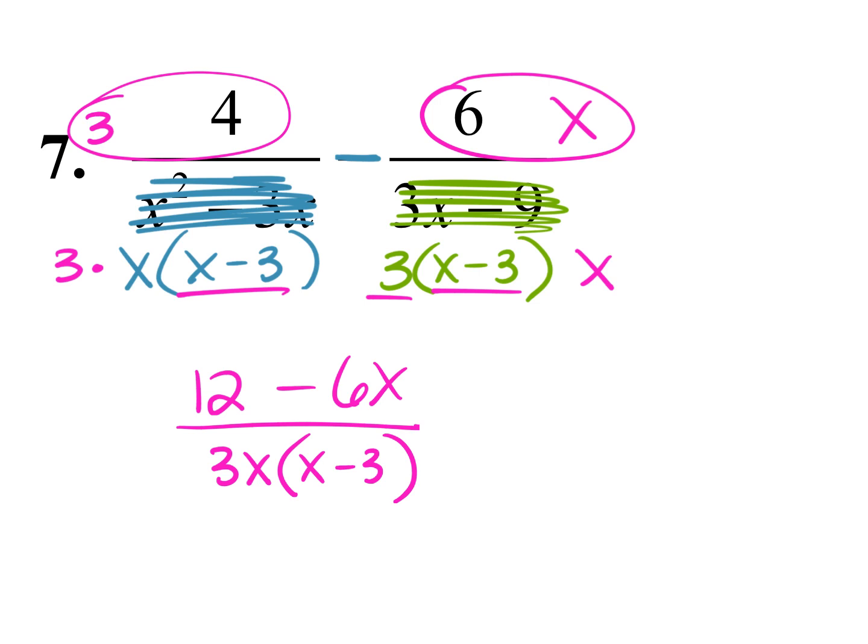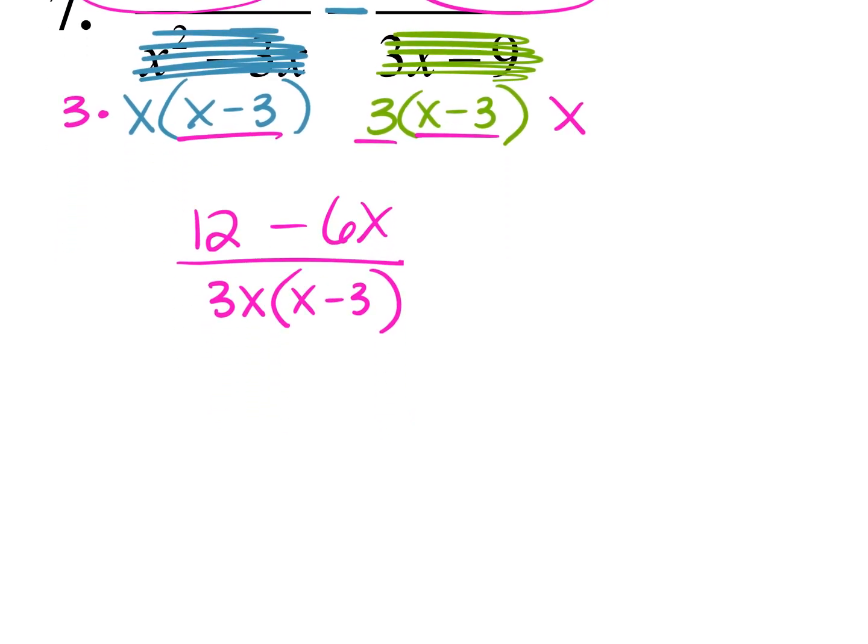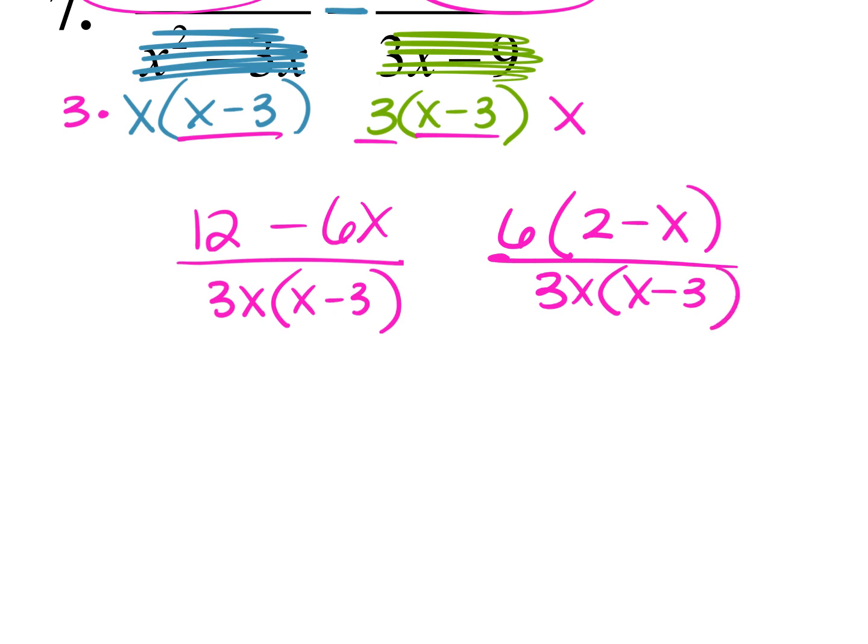Do you see anything there? You can factor, so you can actually factor a 6 out of your numerator. So if I take a 6 out, I'm left with 2 minus x over 3x times x minus 3.